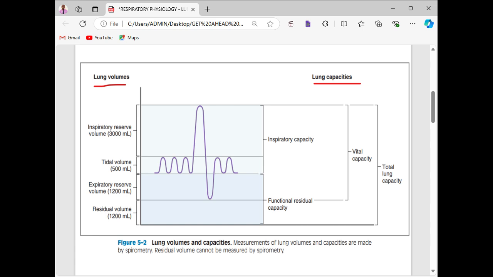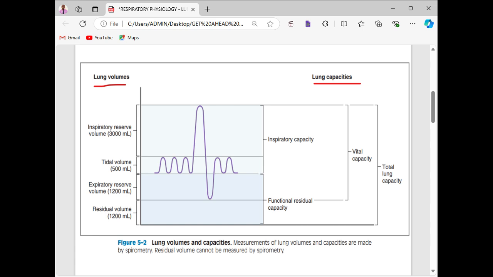The normal values for total lung capacity in an adult male can range from 6 to 7 liters, in females from 5 to 6 liters, and in children from 2 to 4 liters. That is for total lung capacity.